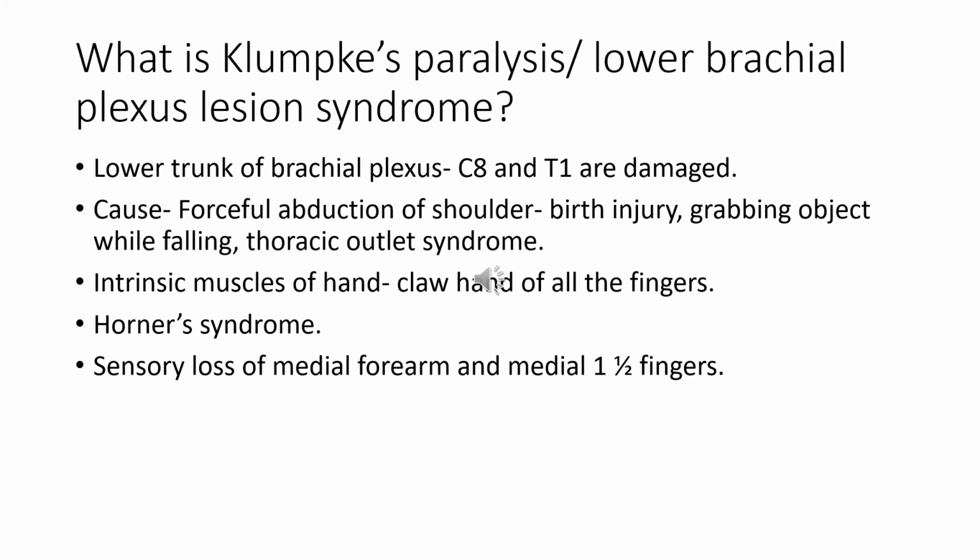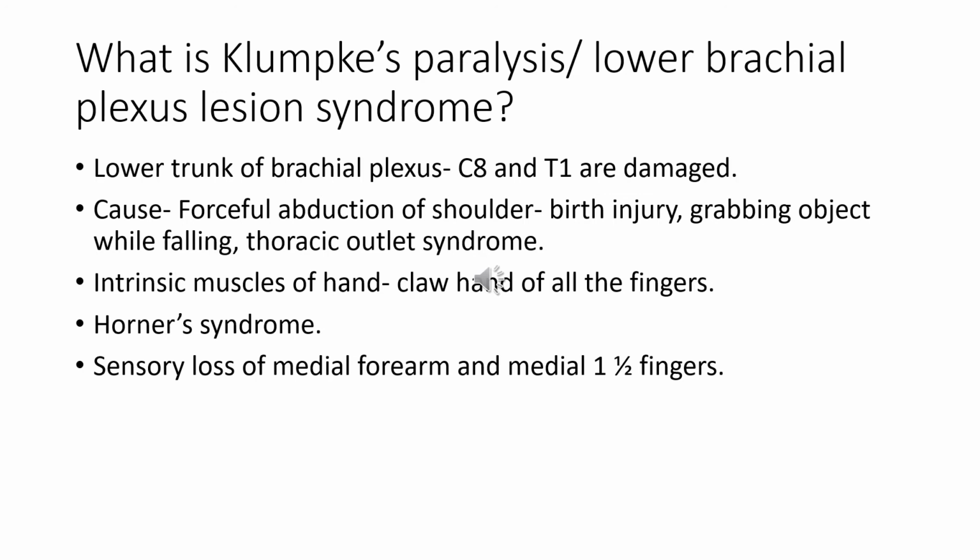It can happen during birth injury, and it can also happen in thoracic outlet syndrome. Now, C8 T1 supplies the intrinsic muscles of the hand. So, intrinsic muscles of the hand are gone. So, classically, there is claw hand of all the fingers.